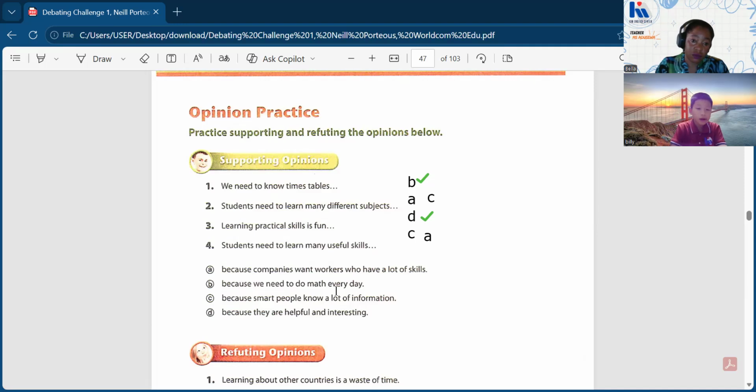Learning digital skill is fun because they are helpful and interesting.